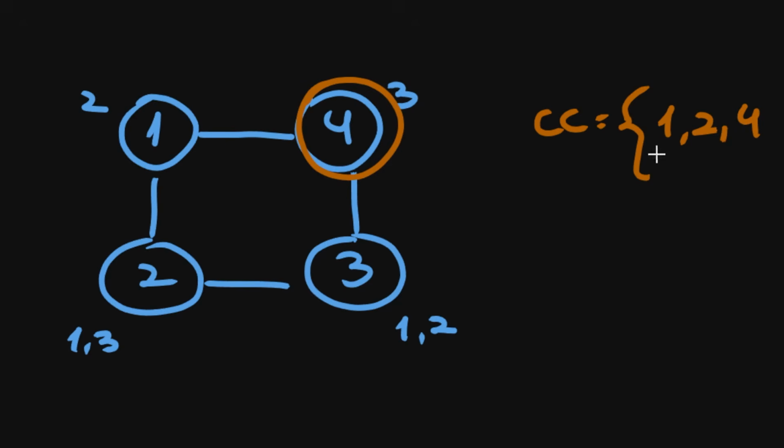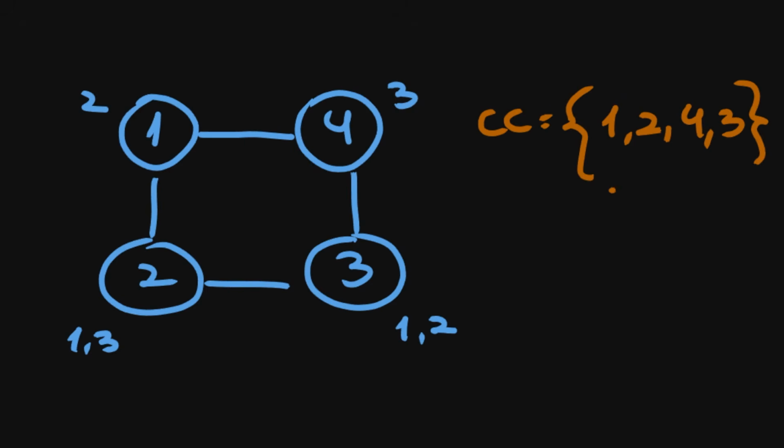We already have 1 and 4, so we compare 4 and 3, and they can't communicate with each other because they speak different languages, so here we add number 3. So here we have the list of users who cannot communicate with some other user, and what this means is we need to teach languages to some of these users.